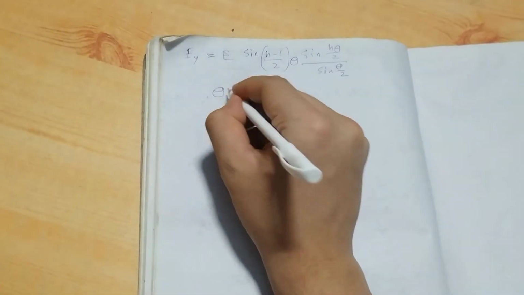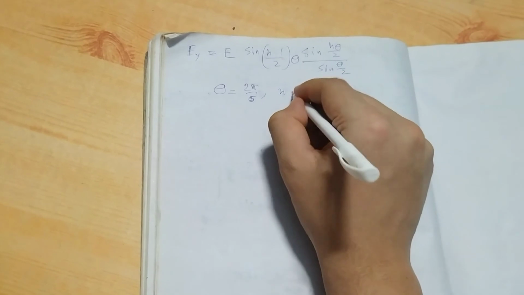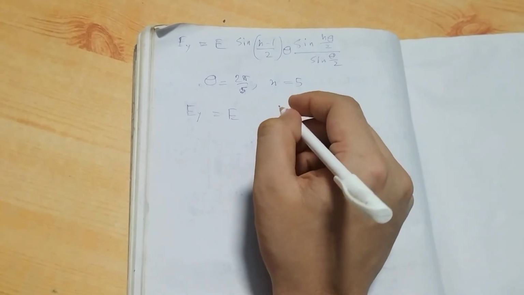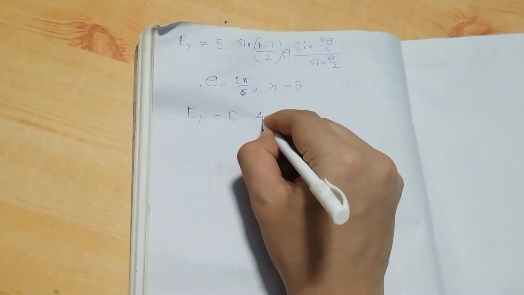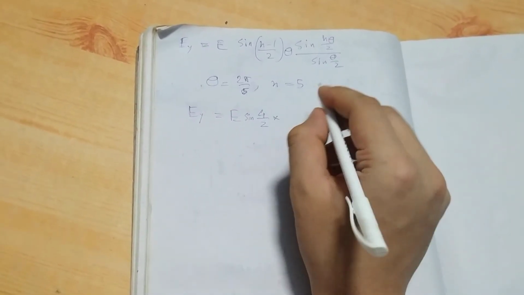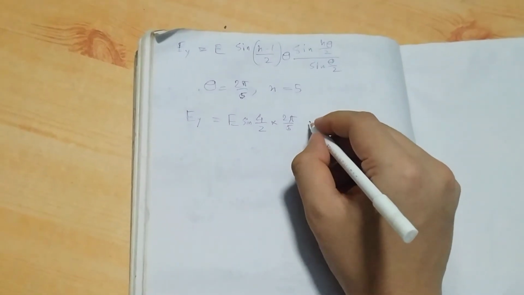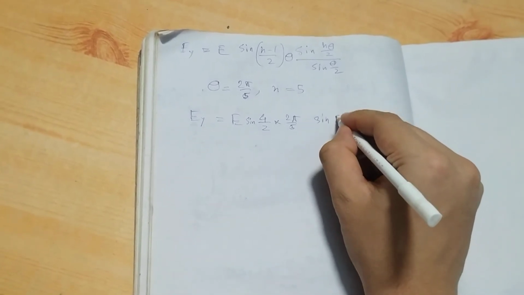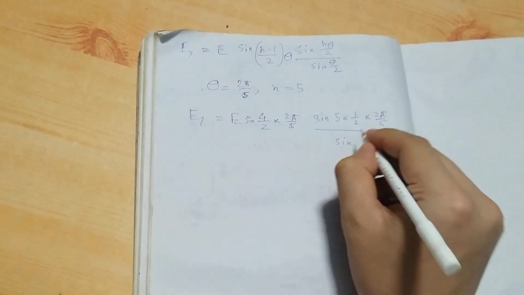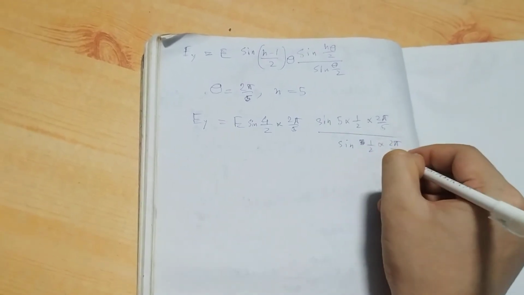Here theta is equal to 2 pi by 5 and n is equal to 5. Let's calculate Ey: E into sine of 4 by 2 into 2 pi by 5, and sine of 5 into 1 by 2 into 2 pi by 5, by sine of 1 by 2 into 2 pi by 5.